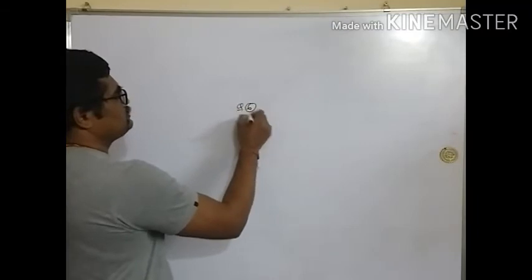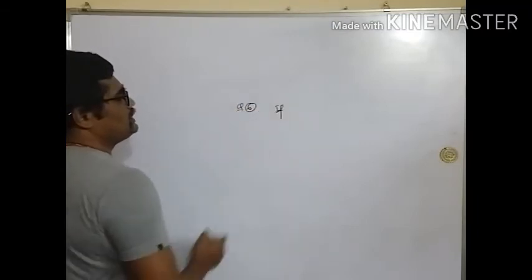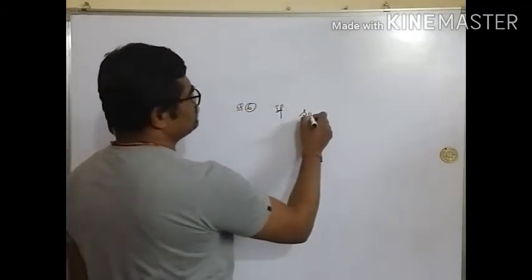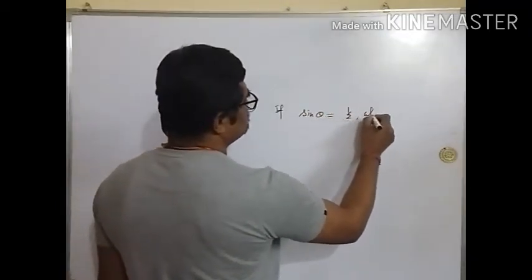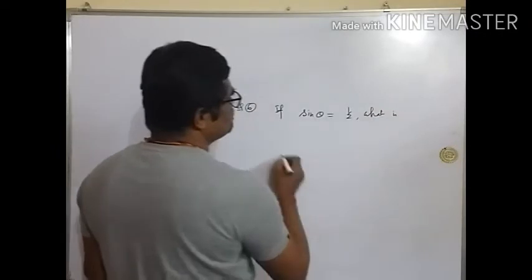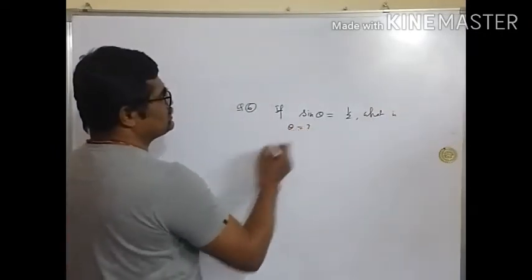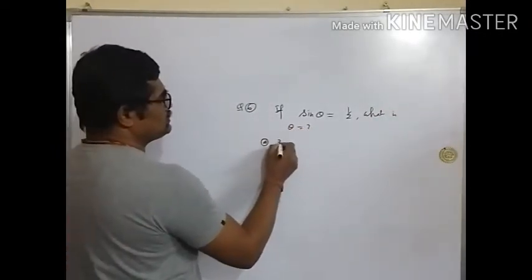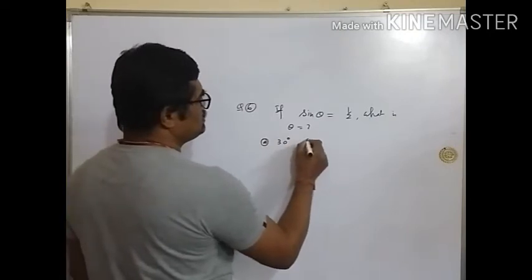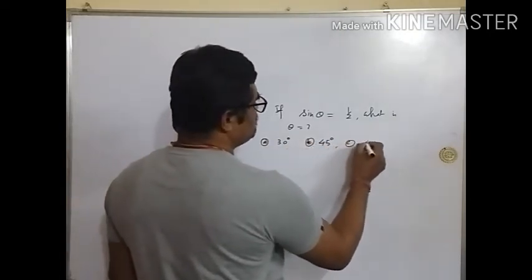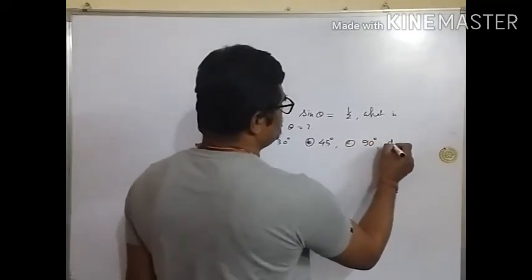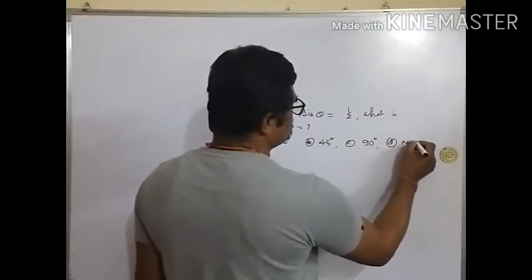Question number 6. If sin theta is equal to half, what is theta equals? Option A 30 degree, B is 45 degree, C is 90 degree, D is none of this.